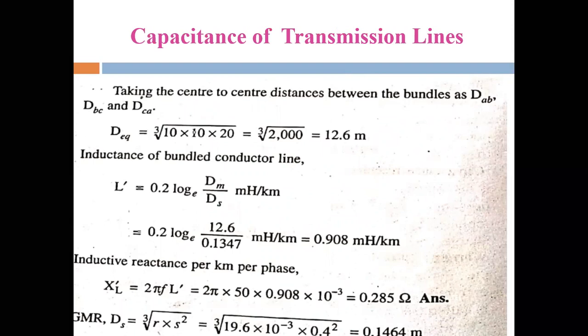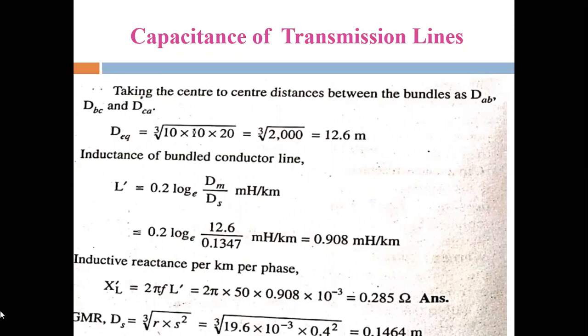Afterwards we calculate the inductive reactance per kilometer per phase, XL dash, which is equal to 2 pi F L dash.